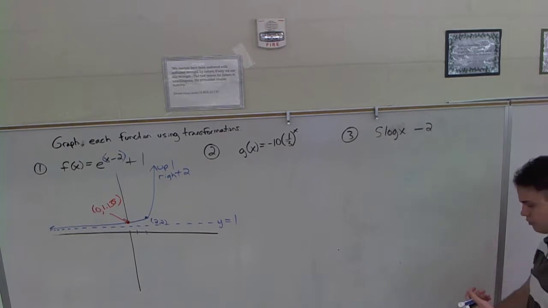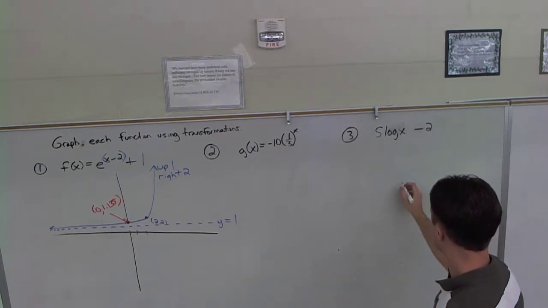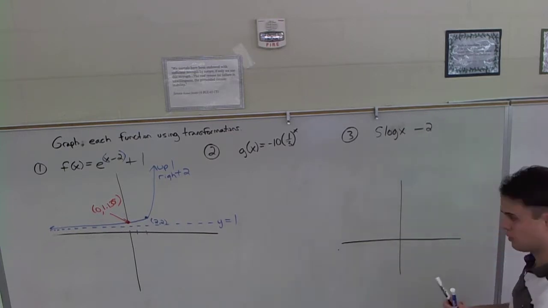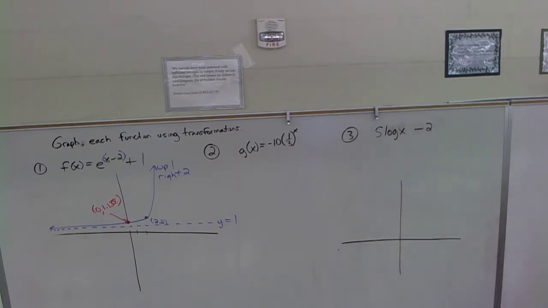Let's do number 3, just to do something a little different. Try to get some different people involved. Rachel, can you tell me one of the transformations? I think so.